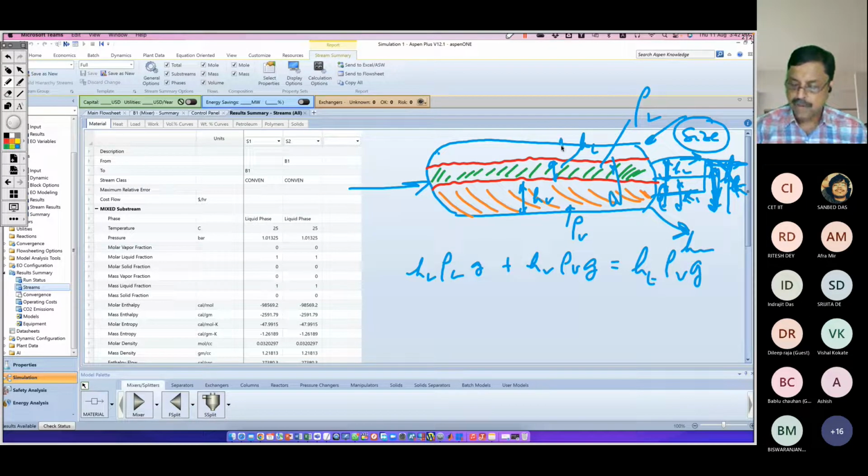If you have a vent, then this side will be at atmospheric pressure, and this side also will be at atmospheric pressure, so it will nullify.